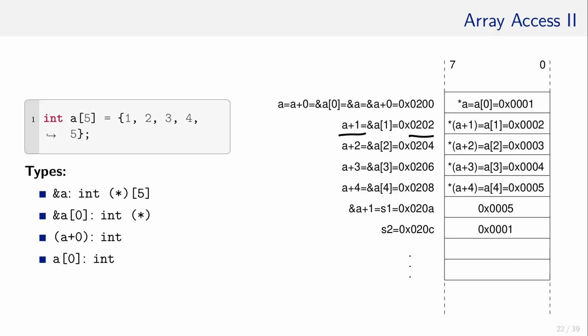As a summary, a star is a dereference operator, which means go to the address and get the value stored there, while the ampersand is the address of operator. It's simple, right? It takes a bit of getting used to it, but it's not that difficult.